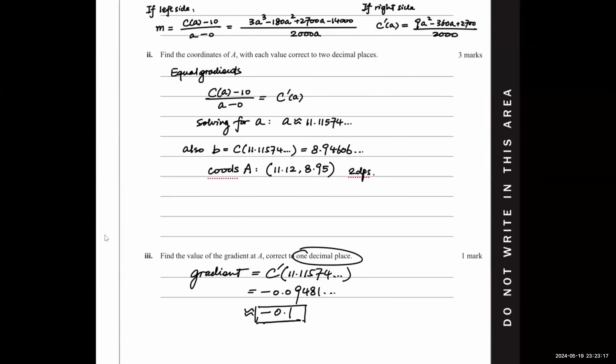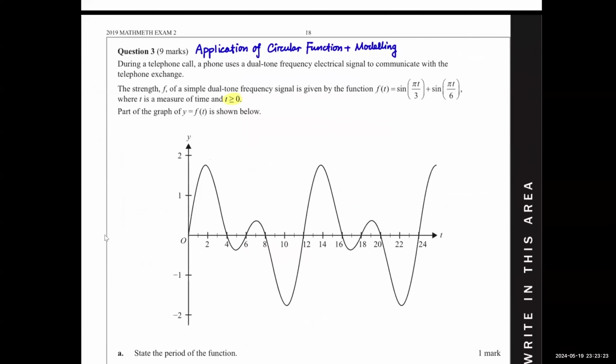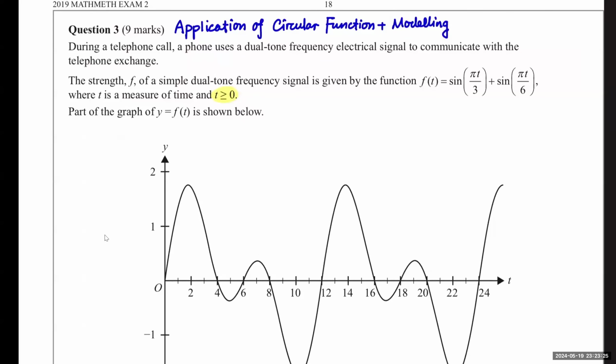And let's have a look at question 3. Continues over page. So this is a typical, simple application of a circular function and modeling with some calculus components or elements embedded. During a telephone call, a phone uses a duotone frequency electrical signal to communicate with the telephone exchange.